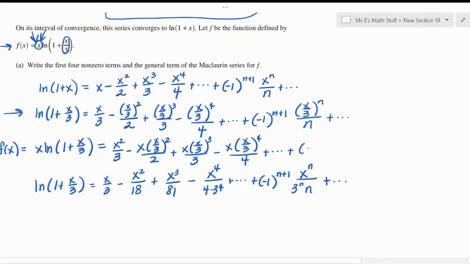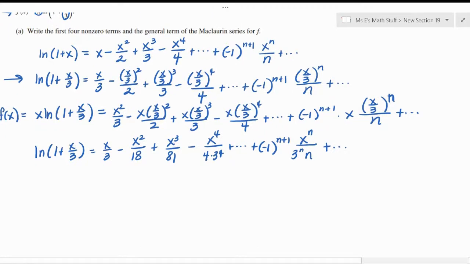Let's see, how would I write that? Negative 1 to the n plus 1 times x over 3 to the n. Whoops, that's supposed to be an n right there. You could have done that. You also could have written the simplified version by multiplying this by x. And that for this problem is my preference.